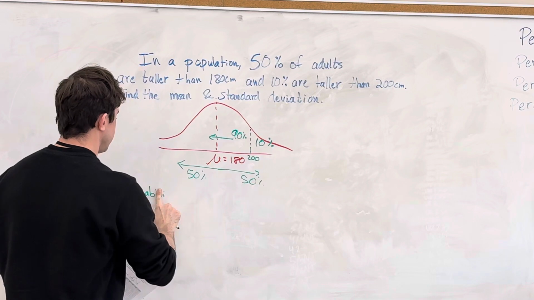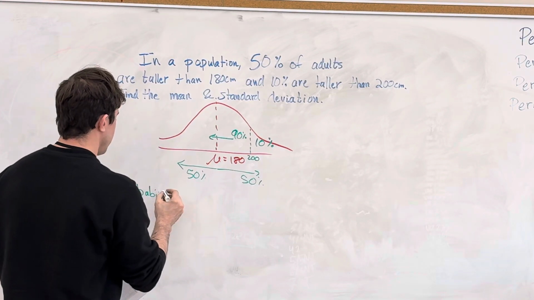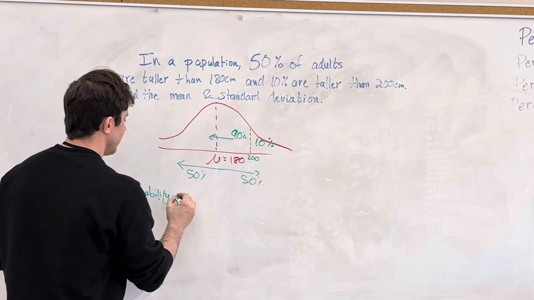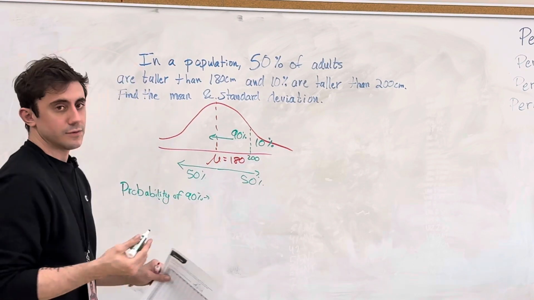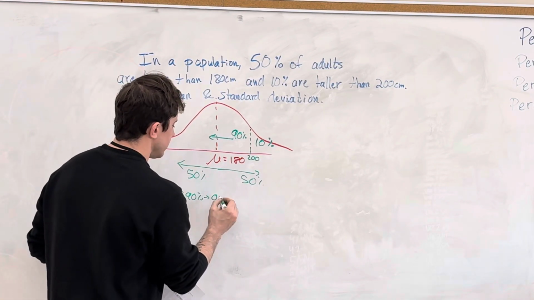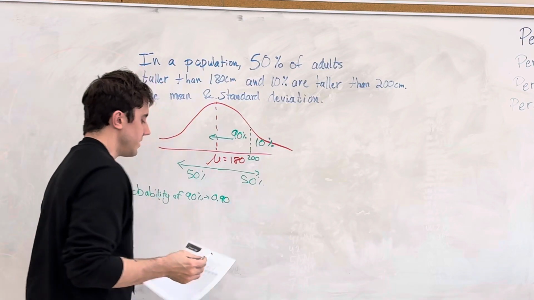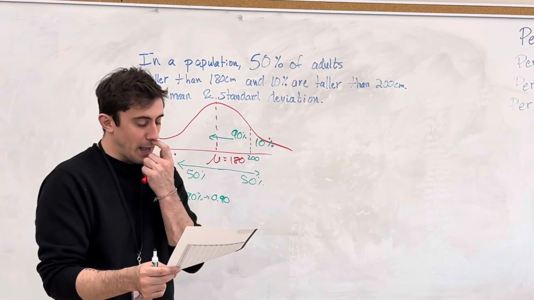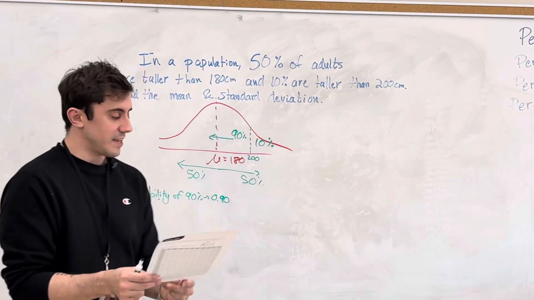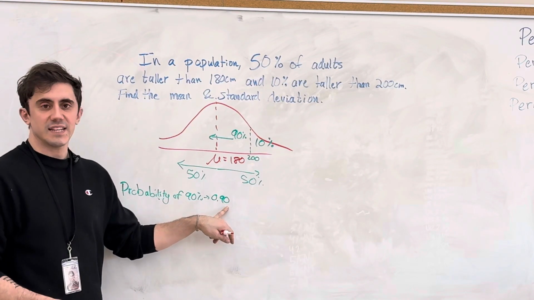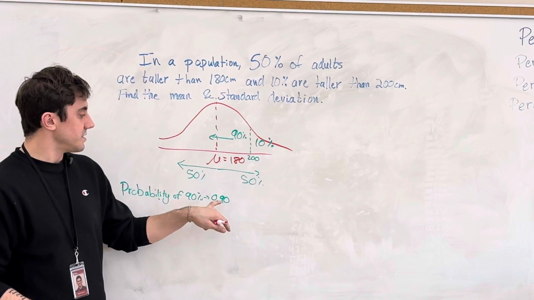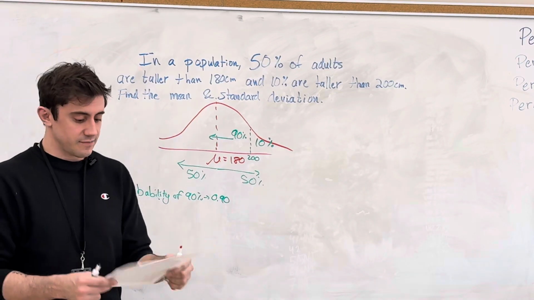Probability of 90%. Converting that to a decimal is, of course, 0.90. We look at our z-score table for the cell with the decimal value closest to 0.90, as close as we can get.